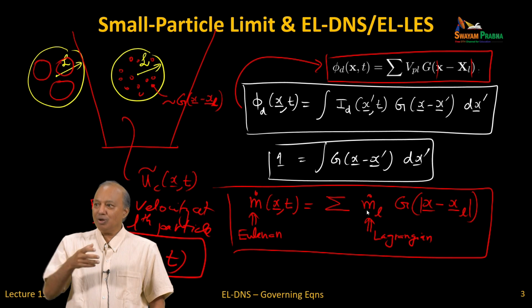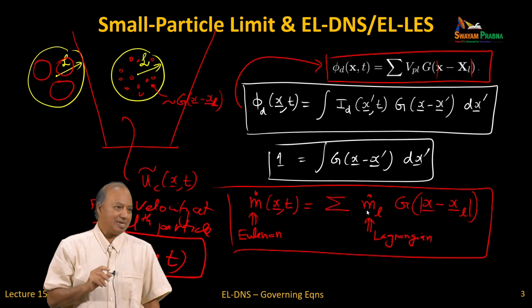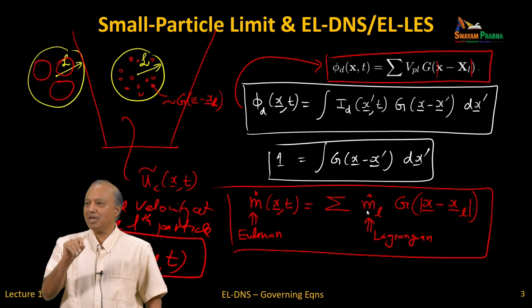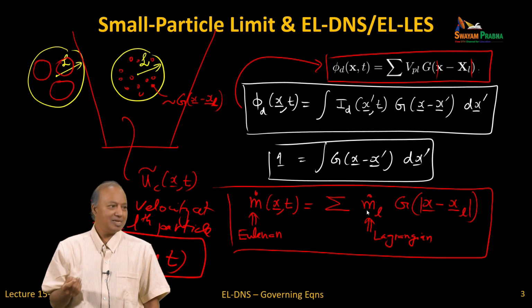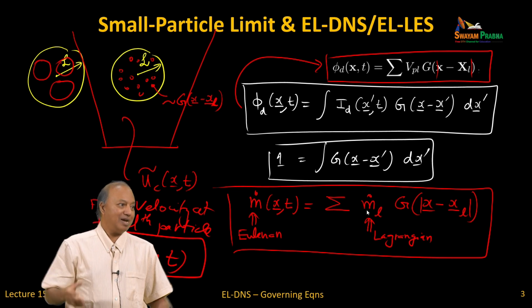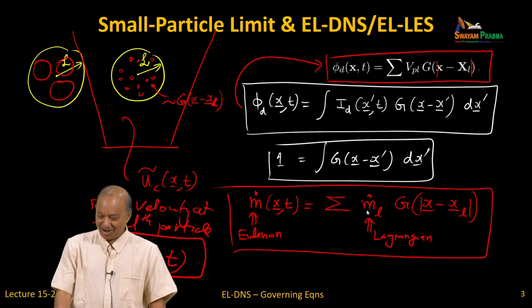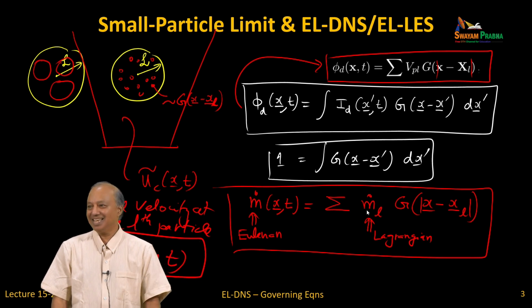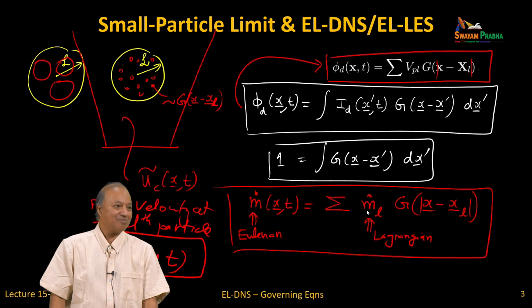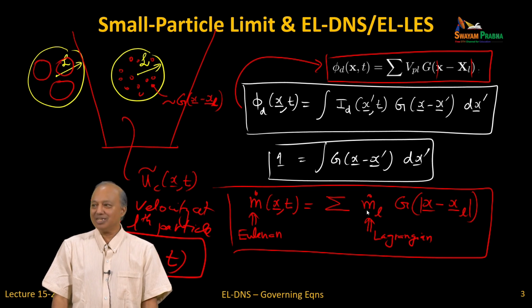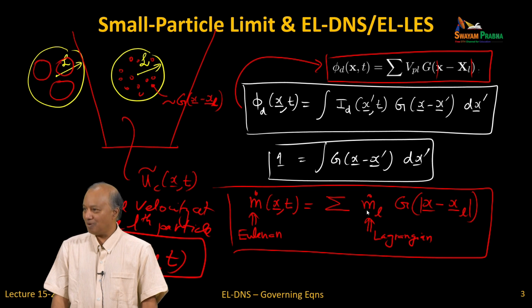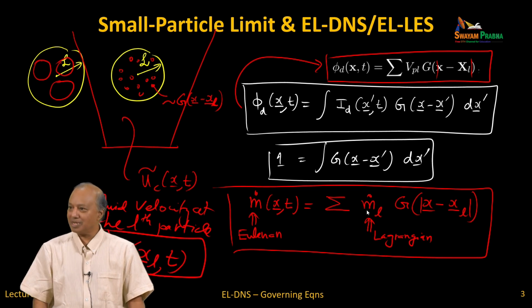So you have to keep those things in mind. When a particle is really small, it becomes easy. When a particle becomes as big as your grid, this red box is not that easy. That's why I was saying Euler-Lagrange is a good method if the particles are small, then you can use all these simple ideas.